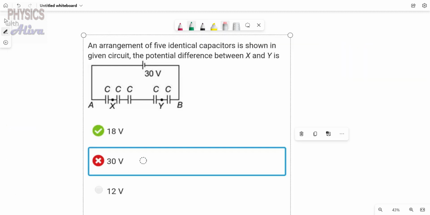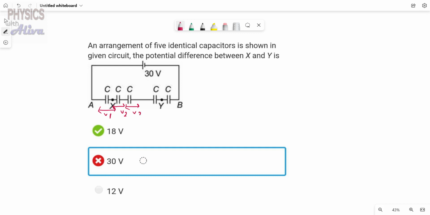Here we can see 5 capacitors are connected in series combination, right? So here we can write this is V1, this potential is V2, this is V3, this is V4 and this is V5. And we have seen that this 30 volt is equal to V1 plus V2 plus V3 plus V4 plus V5.